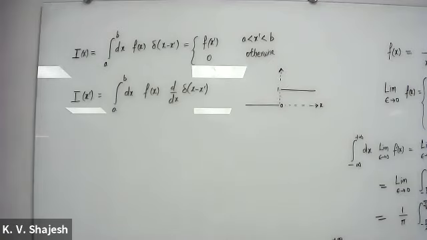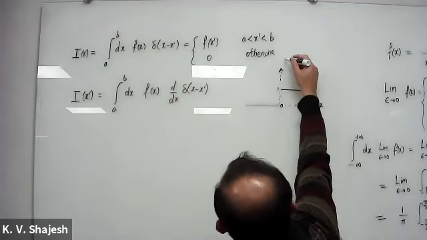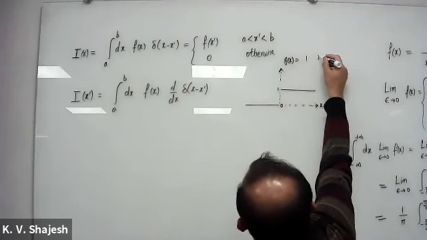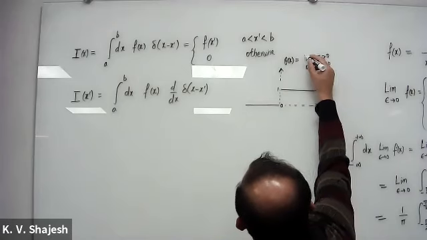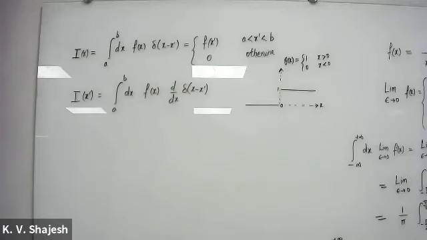That clear? So it's 0 if it is less than 0 and 1 otherwise. So that's called a step function. So you say this is 1 if x is greater than 0, it's 0 if x is less than 0. And right at x equal to 0, you keep it open.